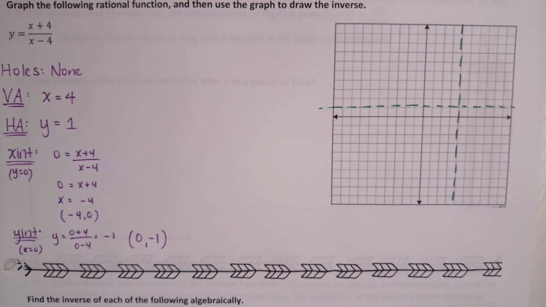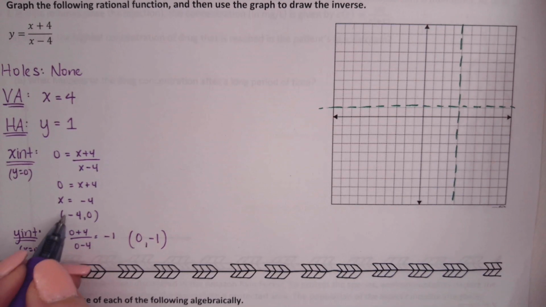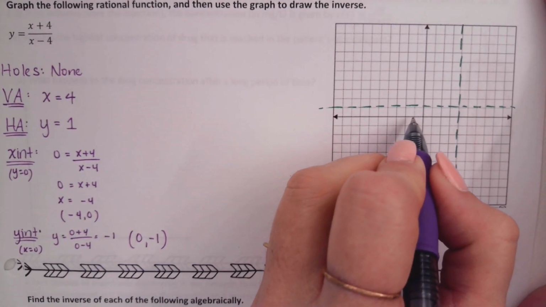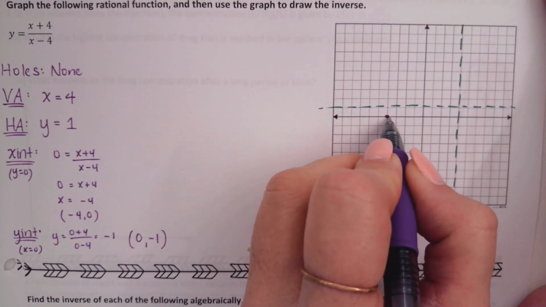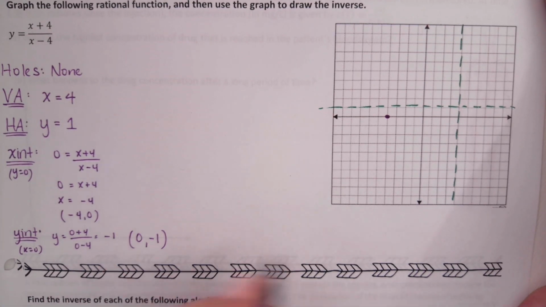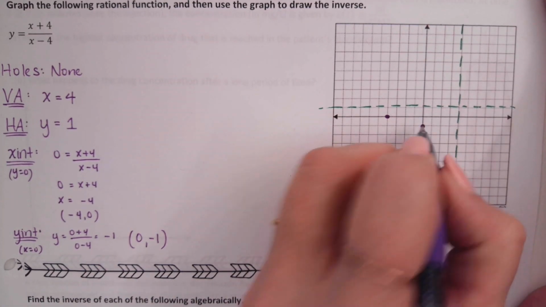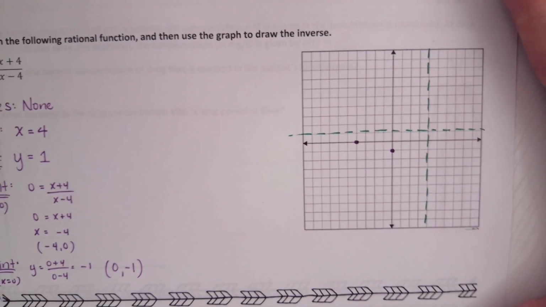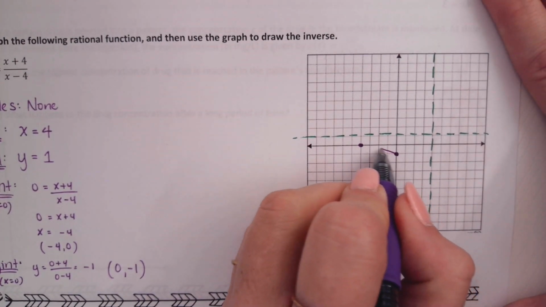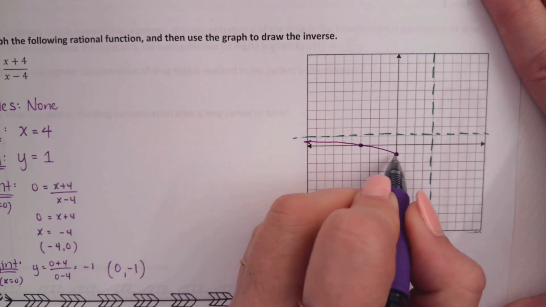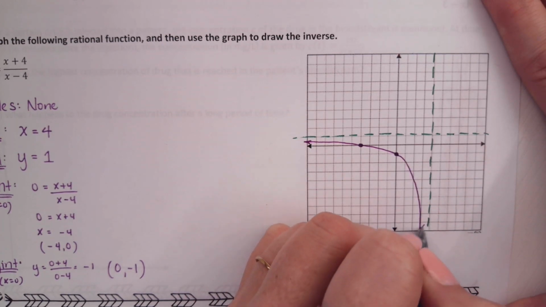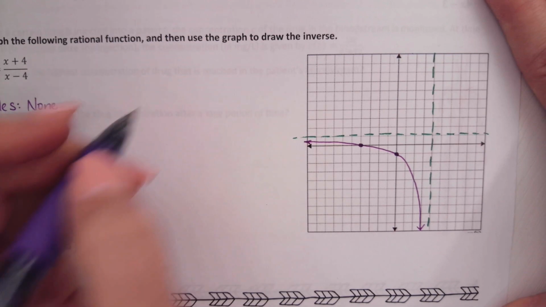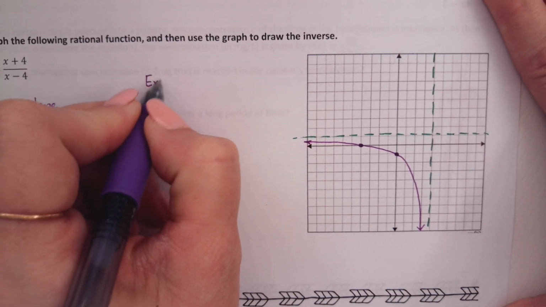It's got one point at (-4, 0), 1, 2, 3, 4, and then a y-intercept at (0, -1). Is that enough information to draw both branches? No. I can draw this branch, but then I will need to find an extra point to draw my other branch.